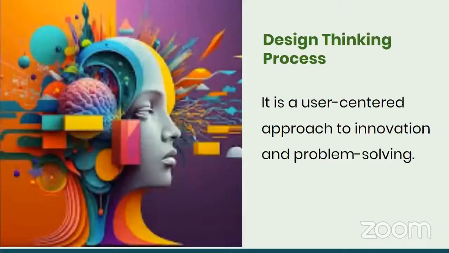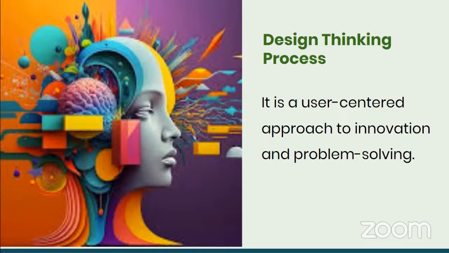Okay, so then, talking about the design thinking process, I think I've mentioned this for a while now. Design thinking process is just about the user-centered approach to innovation and problem solving. It's as simple as that. You just want to make the problem about the user, because those are the people you are trying to solve the problem for.